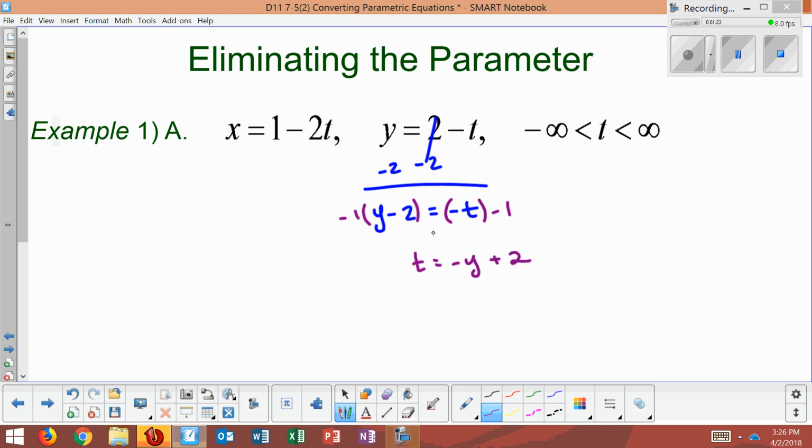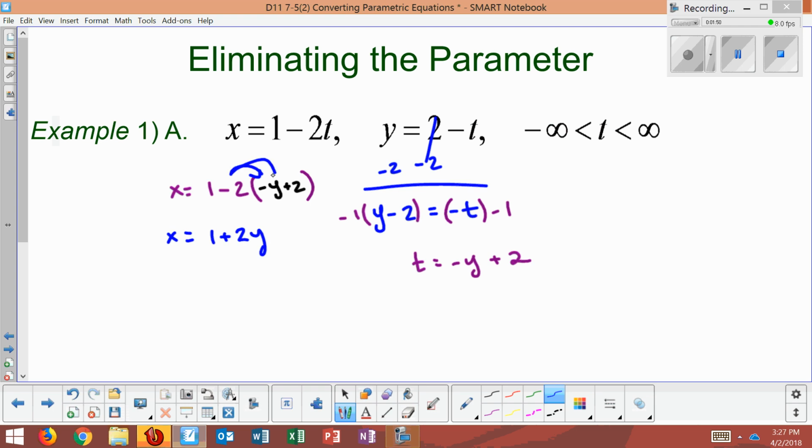Now, what do I do with that? I plug it into the other equation. So I would say that x equals 1 minus 2, and instead of t, we're going to replace it with negative y plus 2. Now, to get my next step, I need to distribute this through. So I'll have x equals 1, and then negative 2 times negative y is positive 2y.